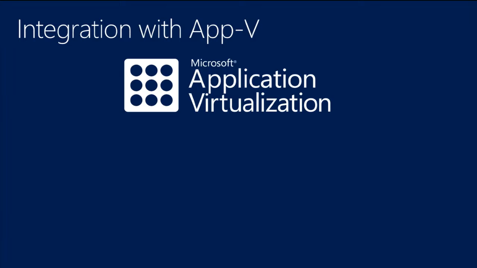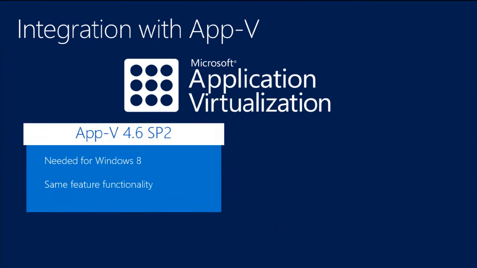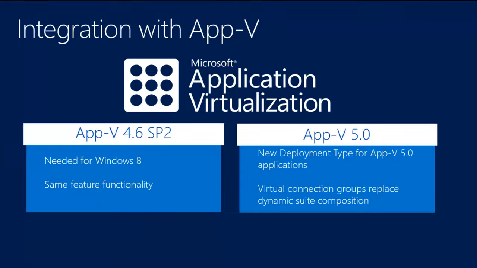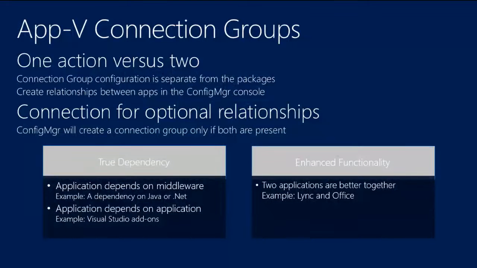So I can talk a little bit about app virtualization as well. We introduced AppV integration in SCCM, and in Config Manager 2012 we support AppV 4.6, which is the minimum requirement for Windows 8. And in SP1, they've added support for AppV 5.0. The key improvement in AppV 5.0 is that it now supports a concept of connection groups.